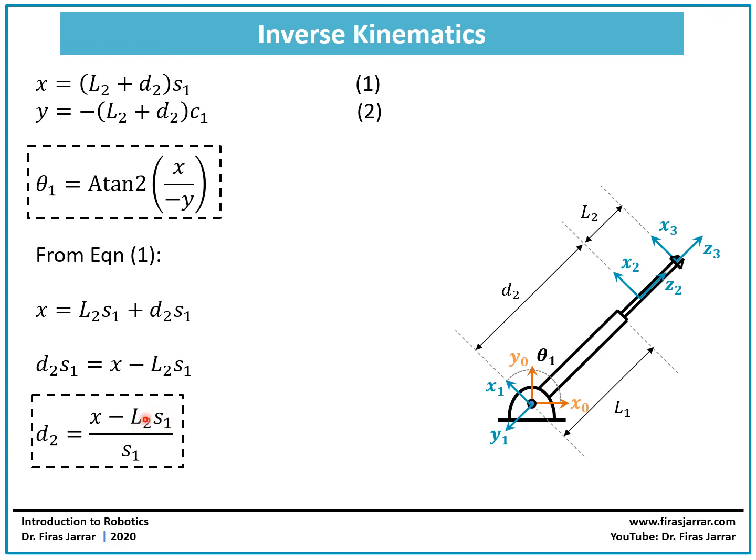L2 is a geometric property of the robotic arm. It's known. x is a desired value for the end coordinate for the end effector. So now d2 is found, and this concludes the solution of the inverse kinematics problem. That's it for today.